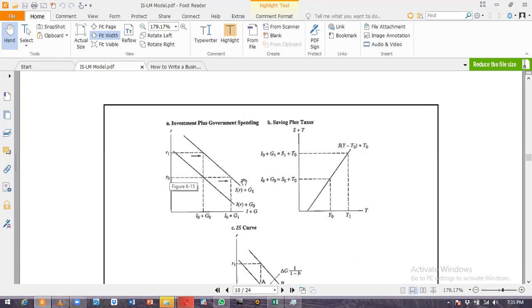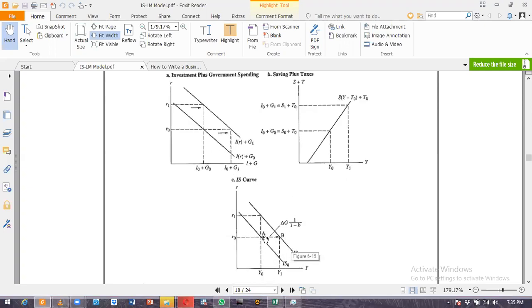When we come to the IS curve, the interest rate is still the same, but there's going to be an increase in output because of the change in government spending.